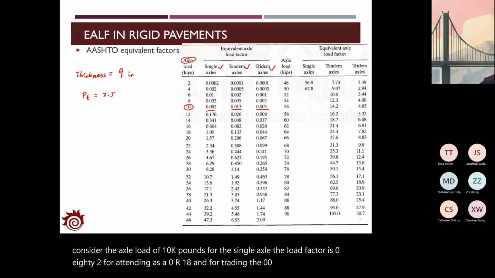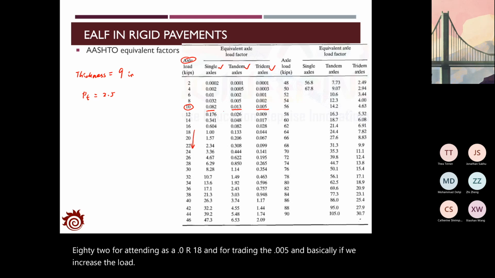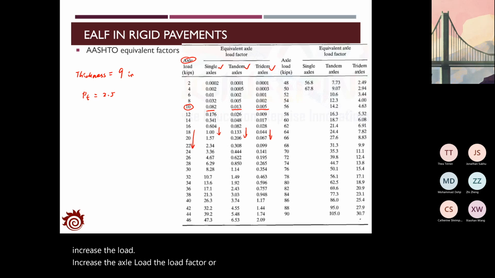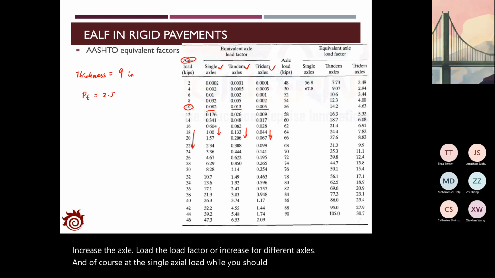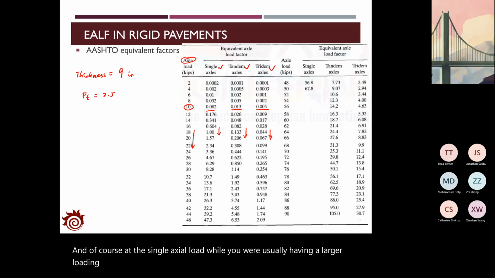And basically, if we increase the axle load, the load factor will increase for different axles. And of course, the single axle will usually have larger load factors compared with the tandem and trident axles because they only have one pair of tires to support the load.